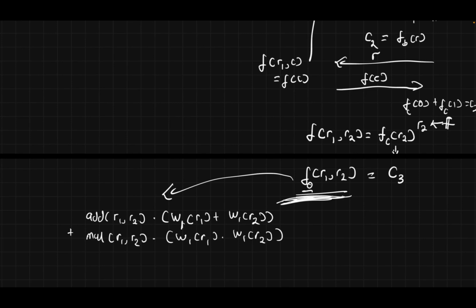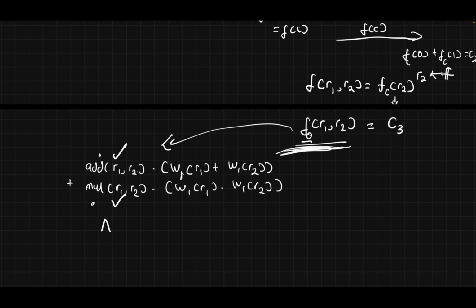Now, this add and this mul are in the circuit, so that means that the verifier can compute this and this. We'll call them A of R and M of R. These are concrete field elements.